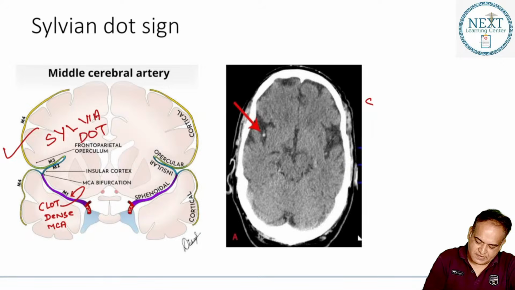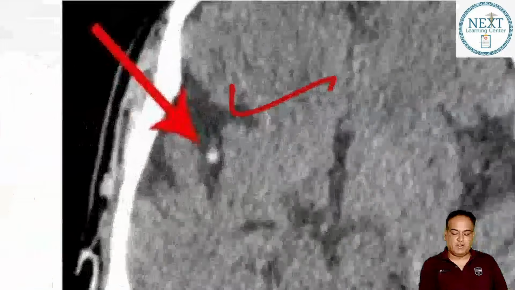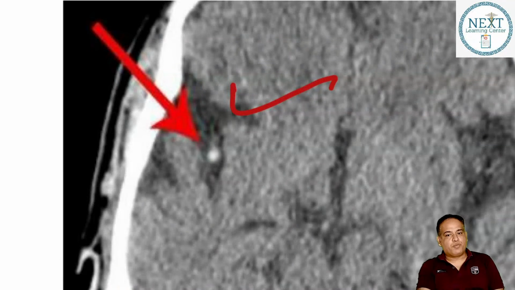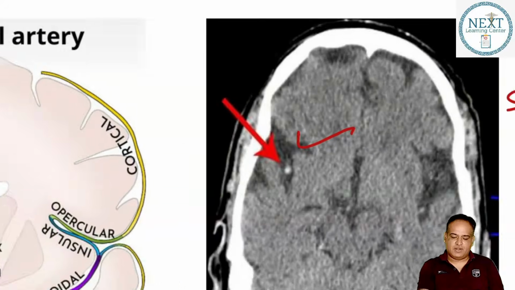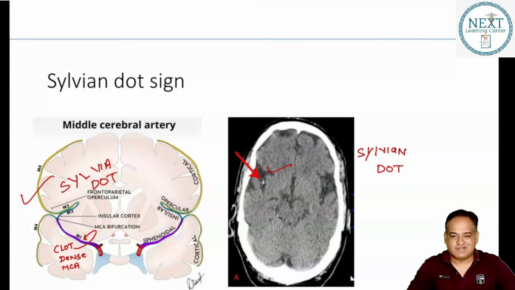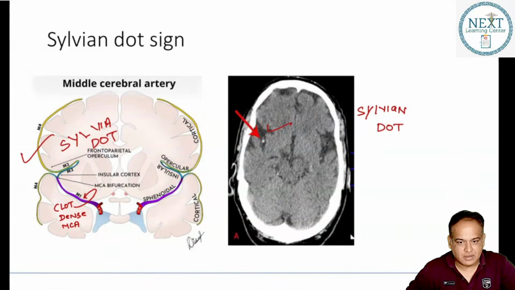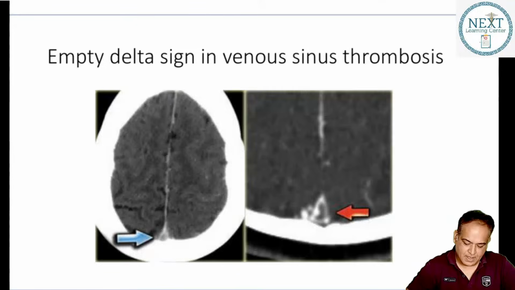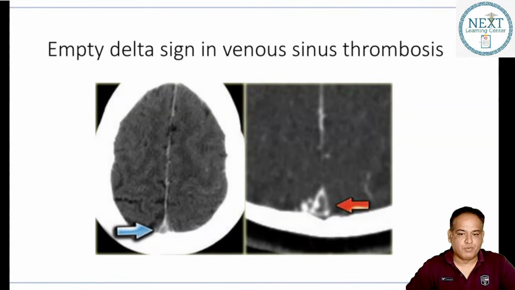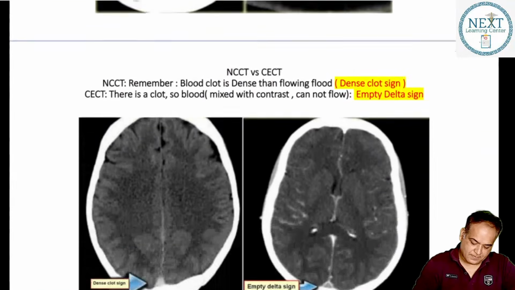So this one is Sylvian dot sign. In a stroke patient, there is a dot, that will be called Sylvian dot. Consider this as a clot.